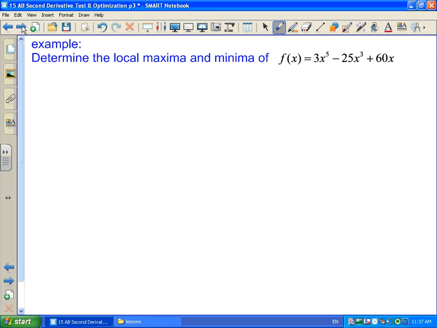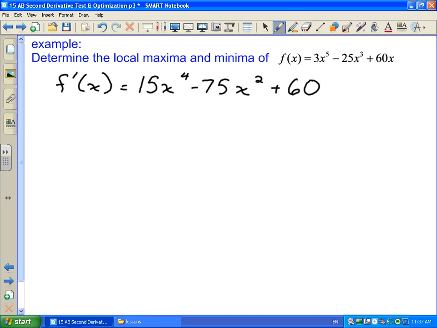So we can start this the same way we've worked at this all along. We're going to take our derivative and set it equal to 0. So our derivative here is going to be 15x to the power 4 minus 75x squared plus 60.